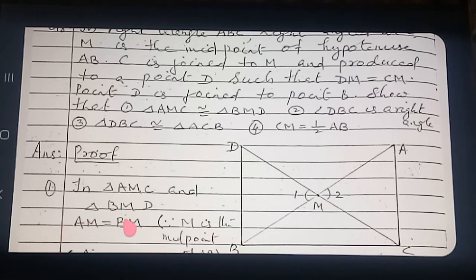I have written AM is equal to BM. Then what about DM and CM? It is already given in the question. Then what about angle 1 and angle 2 that I marked? Angle 1 and angle 2 are equal. What is the reason? Vertically opposite angles.